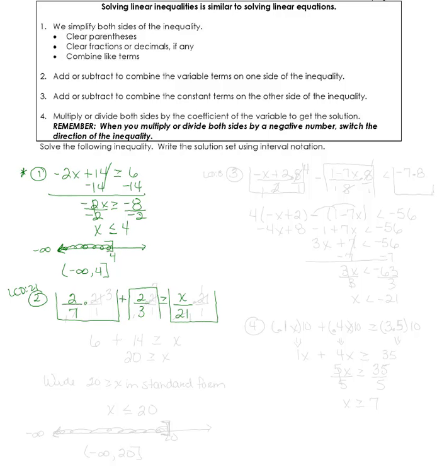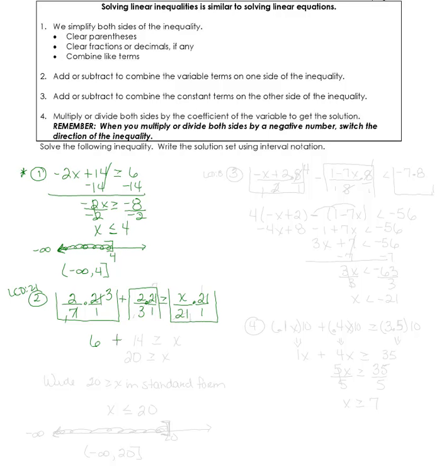So we're going to multiply 21 to every term. If you want to place a 1 under it, you can. We want that denominator to divide into the numerator. So 7 divides into 21 3 times. Take the 3, multiply it to the 2, 6.